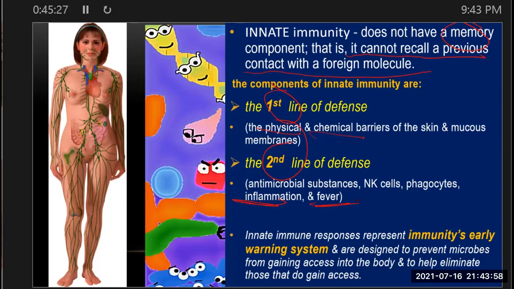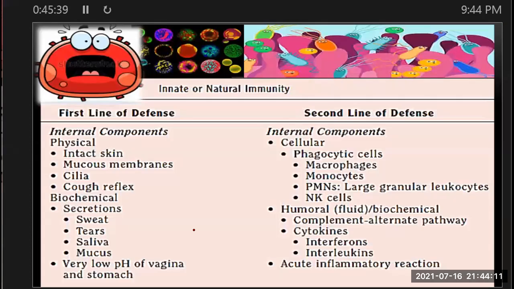Innate immune responses represent immunity's early warning system, designed to prevent microbes from gaining access into the body and to help eliminate those that do gain access. So here, the first line of defense is composed of structural barriers, in the form of physical barriers. We have the intact skin, mucous membranes, the cilia, and cough reflexes, which are really needed.